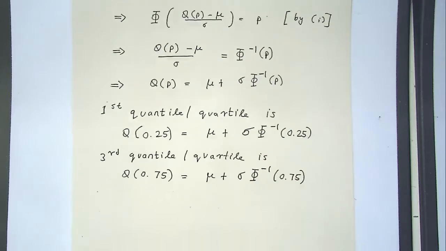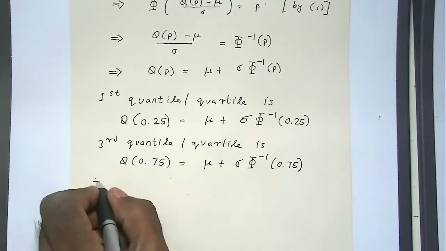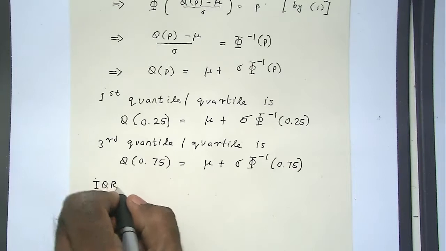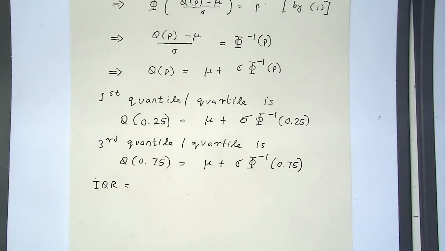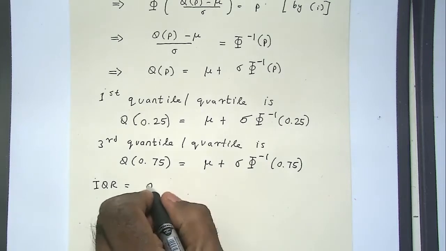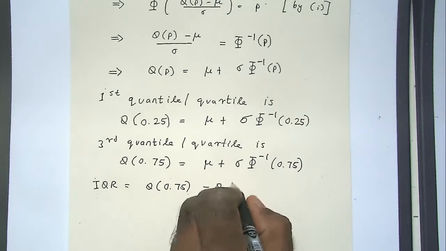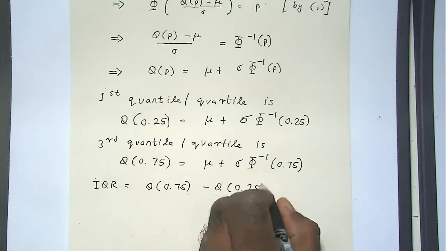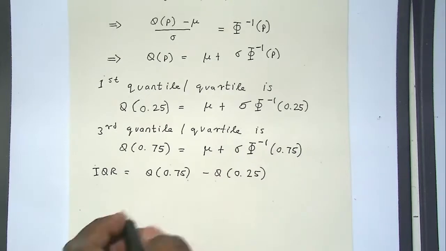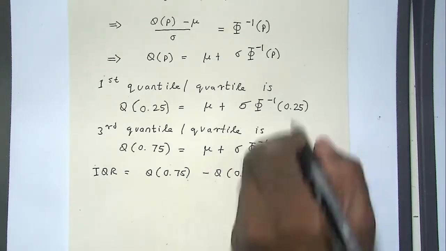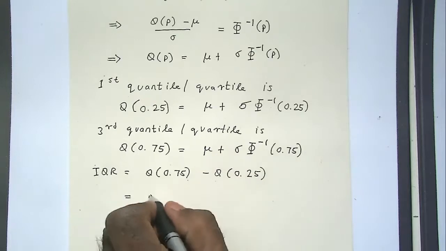Now IQR, do you guys remember what IQR is? IQR is the interquartile range, which is the difference between the third quartile and the first quartile. In other words, Q at 0.75 minus Q at 0.25. If you subtract this from this, you get sigma times this.